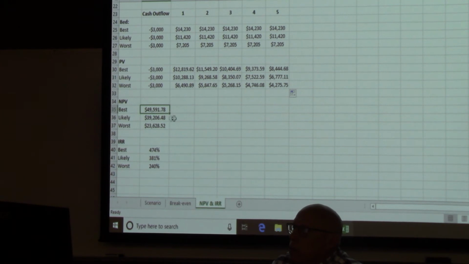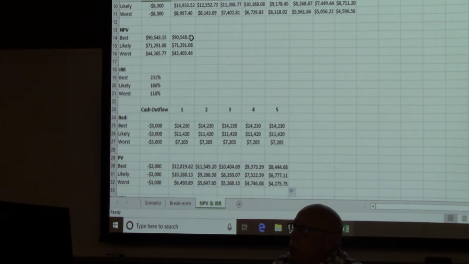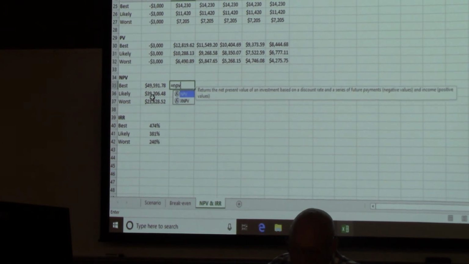And just for grins, let's go ahead and calculate. Well, let's do this. NPV equals NPV.